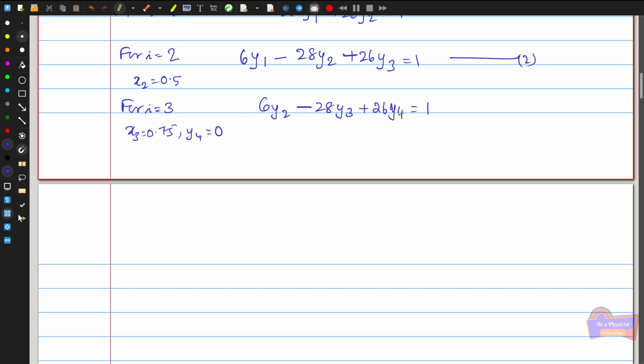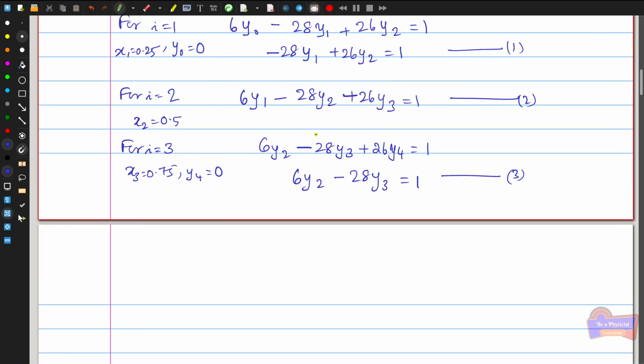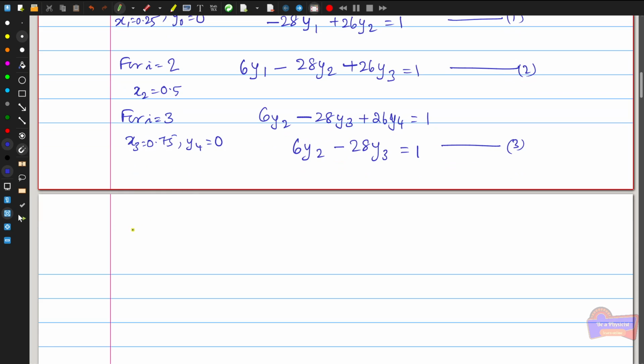Substituting the y4 value, I get 6y2 minus 28 times y3 equal to 1. So this is my third equation. Now we have three algebraic equations, equation 1, 2 and 3, so you can either solve these equations directly, or you can use the Gauss elimination method.